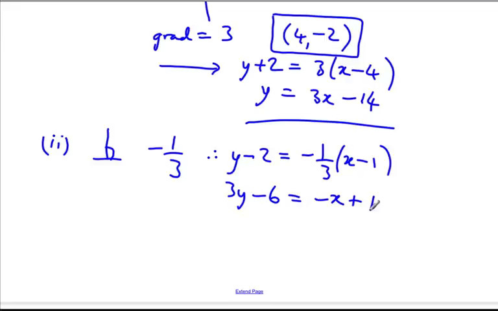Expand that bracket out the right-hand side. Be careful with the signs. And then put everything on the left. x plus 3y minus 7 equals 0. And we've ended up with a general form version of the answer as opposed to y equals mx plus c form, just because of that fraction and it was easier.